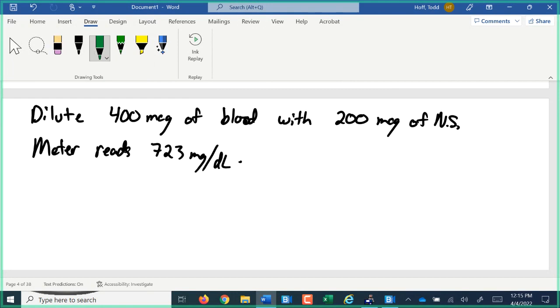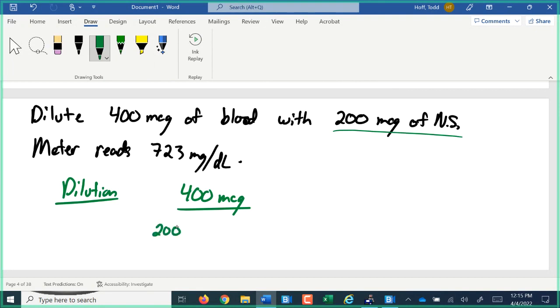So the first thing we need to find is the dilution performed here. The dilution performed is we had 400 micrograms of blood diluted with 200 micrograms of saline. Now remember, a dilution is serum, which is the blood, to total.